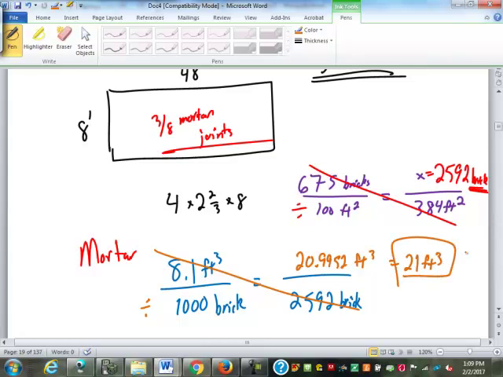Now, commonly, there will be an addition to this for some sort of waste. Looks like they're saying about 25% for mortar needed.